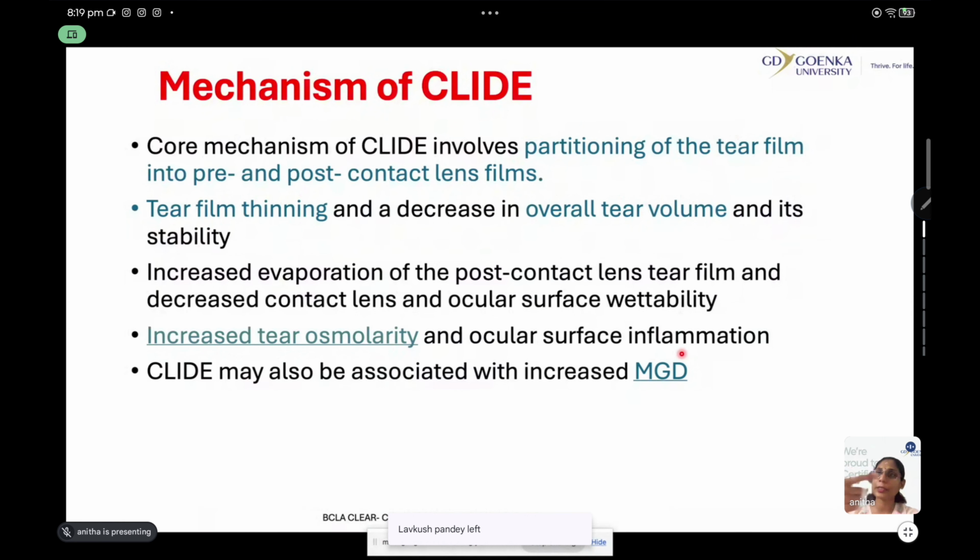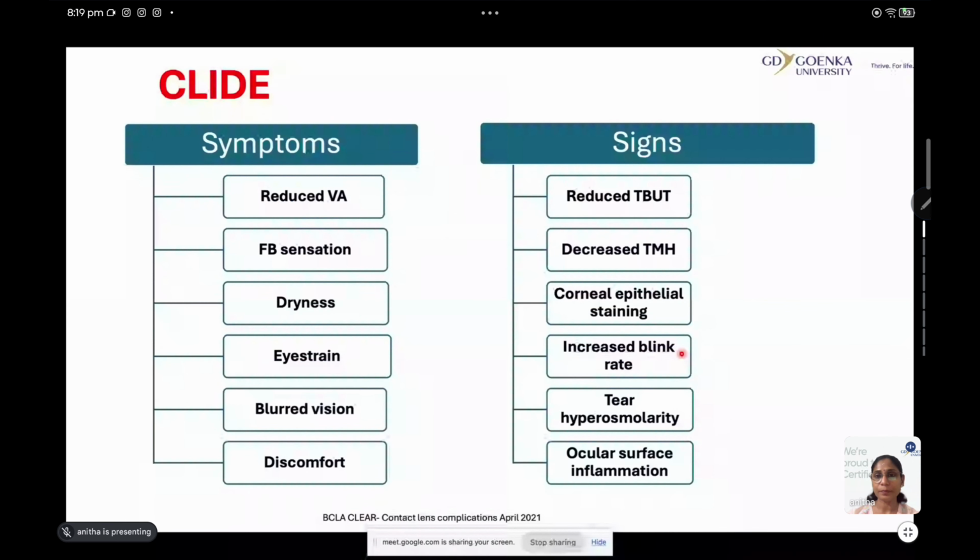If you recollect the vicious cycle that gets involved in the dry eye mechanism, CLDE is also associated with increased prevalence of meibomian gland dysfunction, because of which there is less of the lipid layer of the tear film secreted, which leads to quicker evaporation of tears. So there are so many factors which contribute to the development of CLDE in a contact lens wearer.